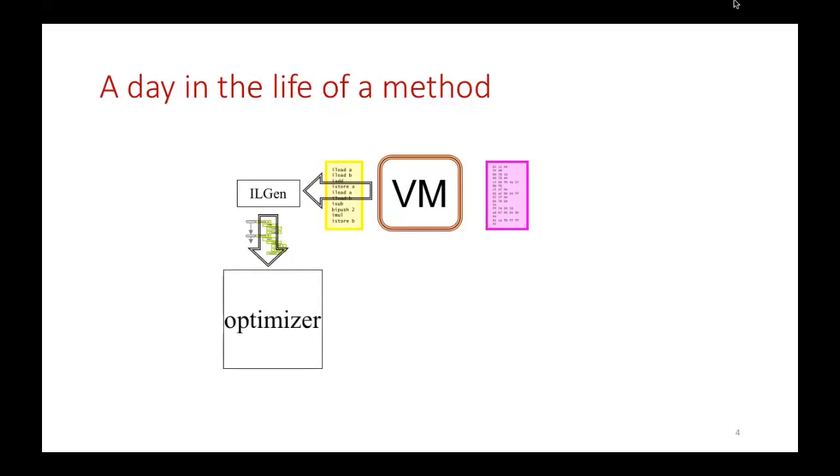Then those trees flow into the optimizer. Depending on the strategy in which you want to compile those methods, you can throw different packages of these optimizations at those trees to get them to do different things. It's a very iterative process as well, so you can pass these trees through a variety of different optimizations over and over again.